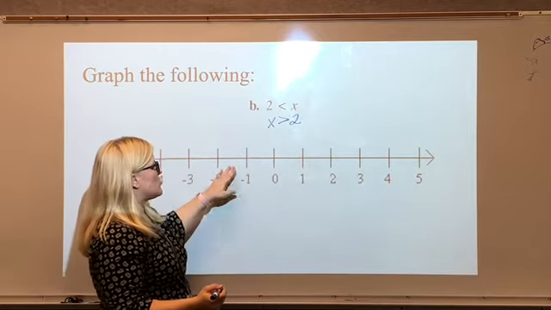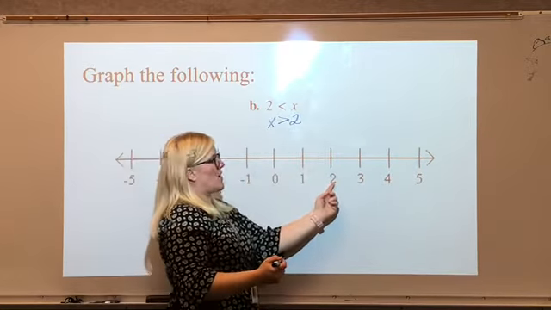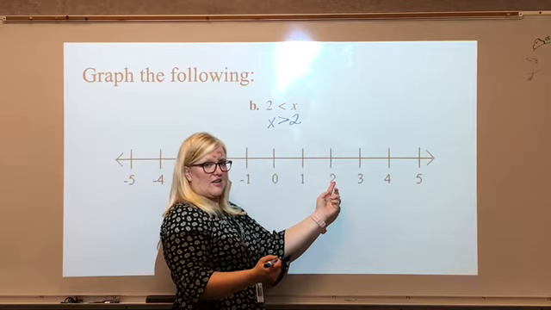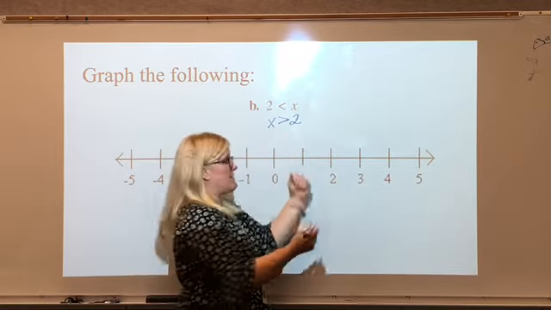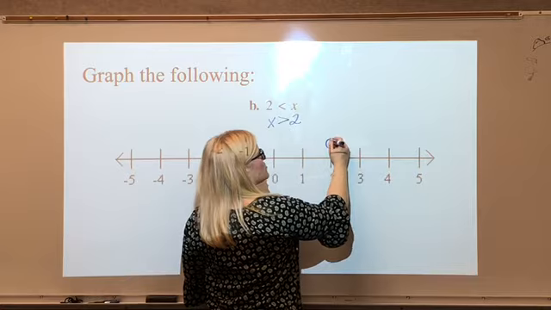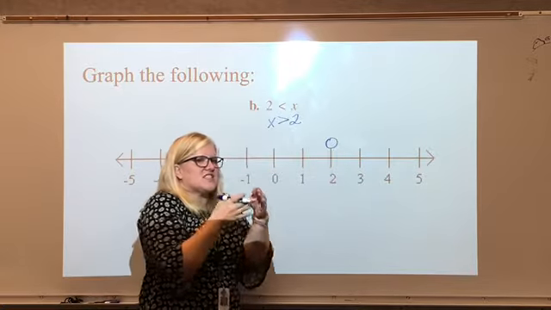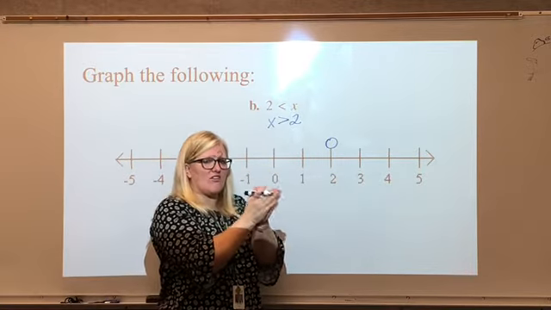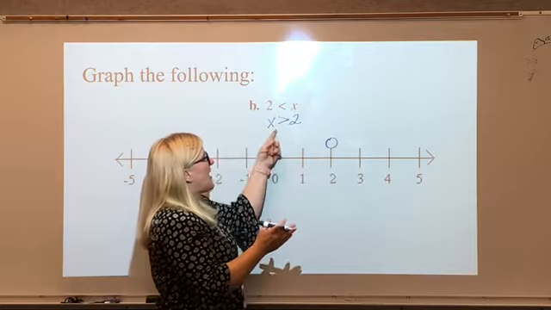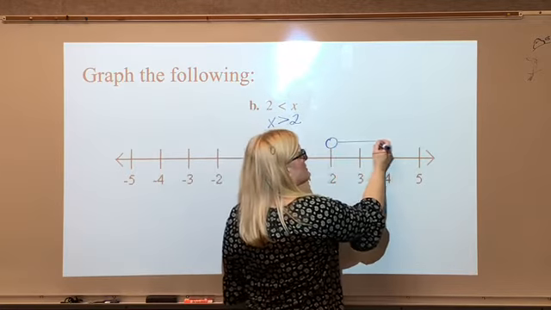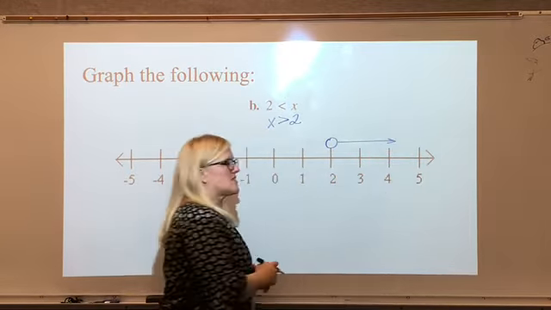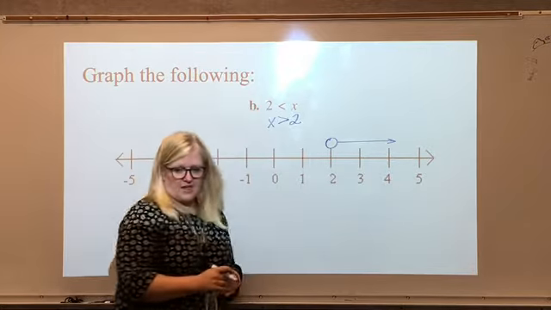So 2 is where I'm starting. And the circle is open, because it doesn't quite include 2. It can get infinitesimally close to 2, but it's never going to get to 2. And x is greater than that. So it's like that.